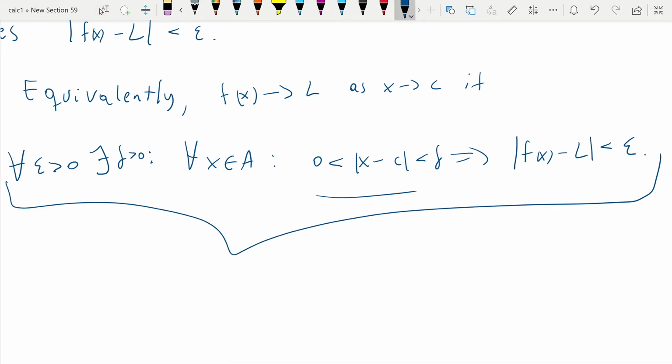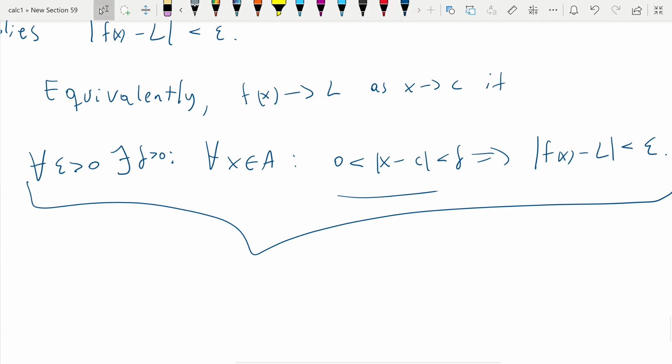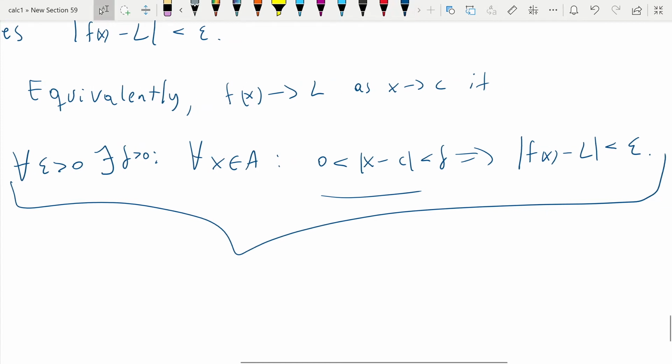This is the statement that we want to use every time we want to show that the limit of a function is, say, a limit L. This approaches a number that is a limit point in the domain of f.